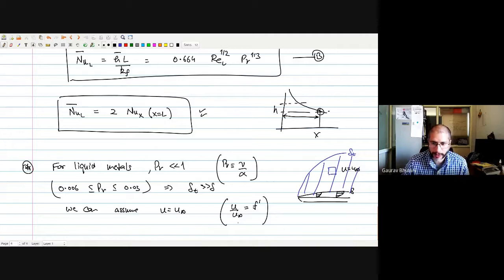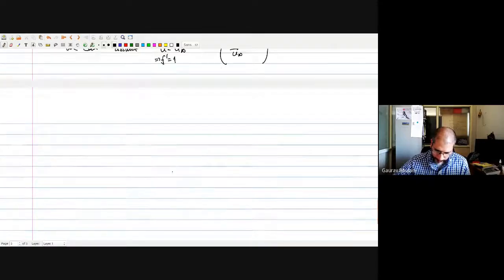That's how we defined this f. So if my U is U infinity, then my f prime is 1, and in my ODE, I can use f prime equal to 1. That's for most of the region inside the boundary layer, and it helps us solve the integrals quite comfortably. I won't do that, but just wanted to mention it.